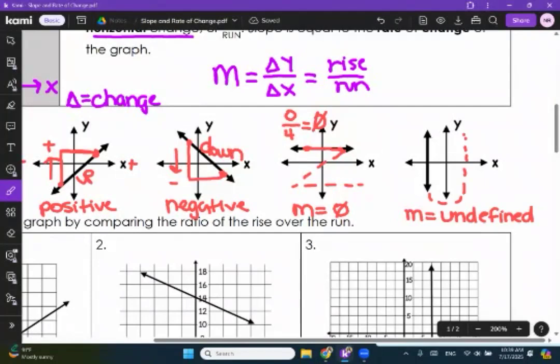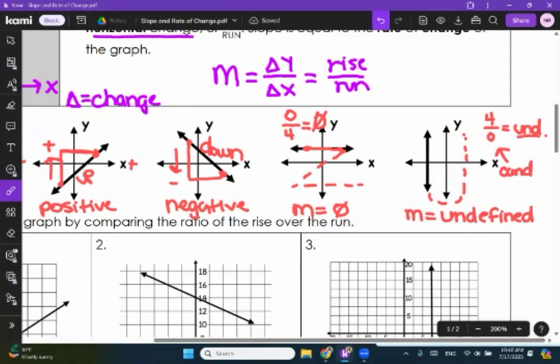If we are calculating mathematically the slope of a line, which we will do in this unit, that's where you see the 0 in the bottom, which is not possible. It's undefined.